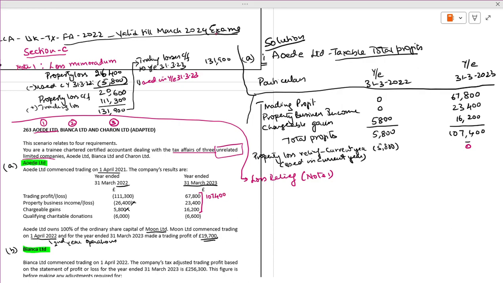Okay, they have already given charitable donations. How much? 6,600. It comes to 8,001.